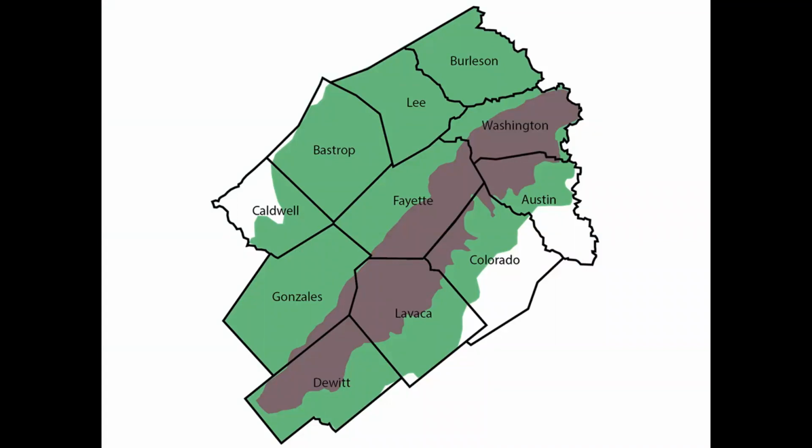Effectively boxed in by woodlands of the Edwards Plateau to the west and piney woods to the east, grassland migratory birds are funneled in and out of the southern Great Plains twice a year directly through the geography of the Fayette Prairie.